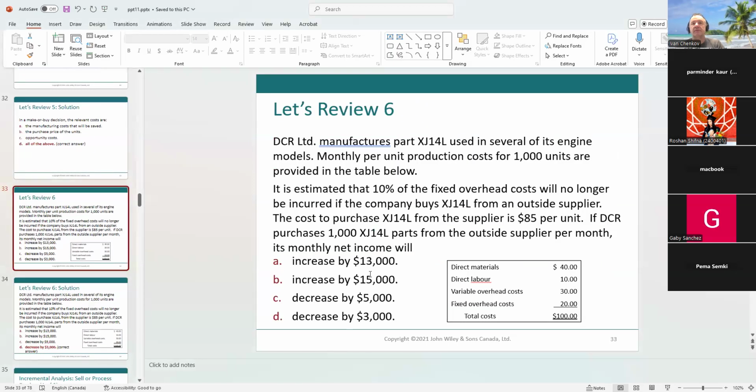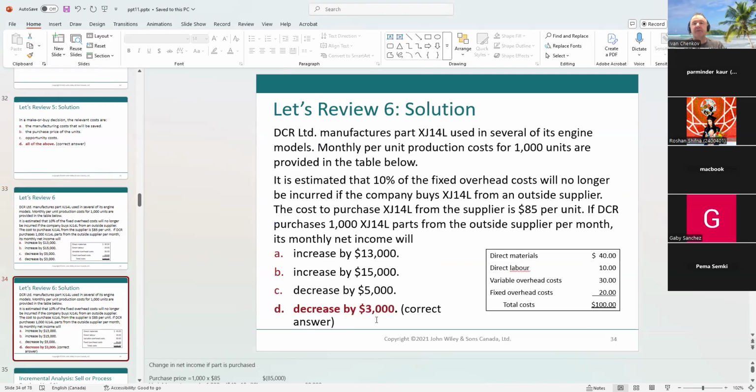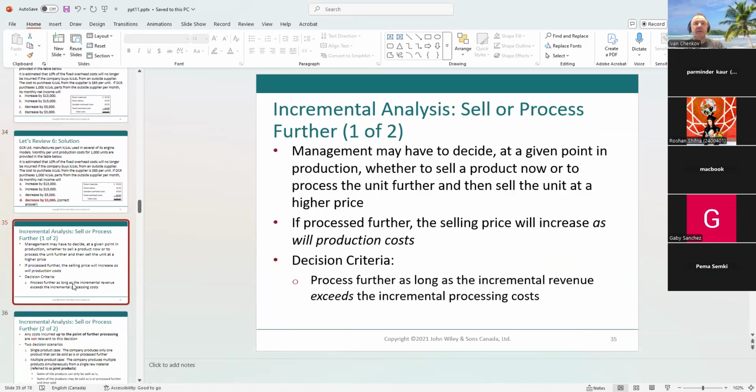So what do we decide, make it or buy it? Make it, because if we buy it, we're gonna decrease by $3,000. Now, let's see the other thing. The other decision that we have to make is to sell it or process further.